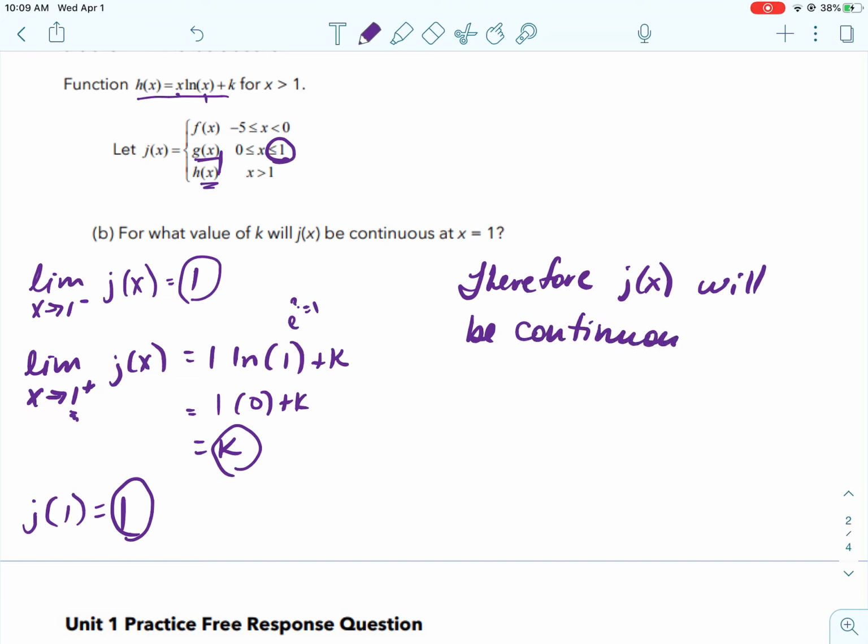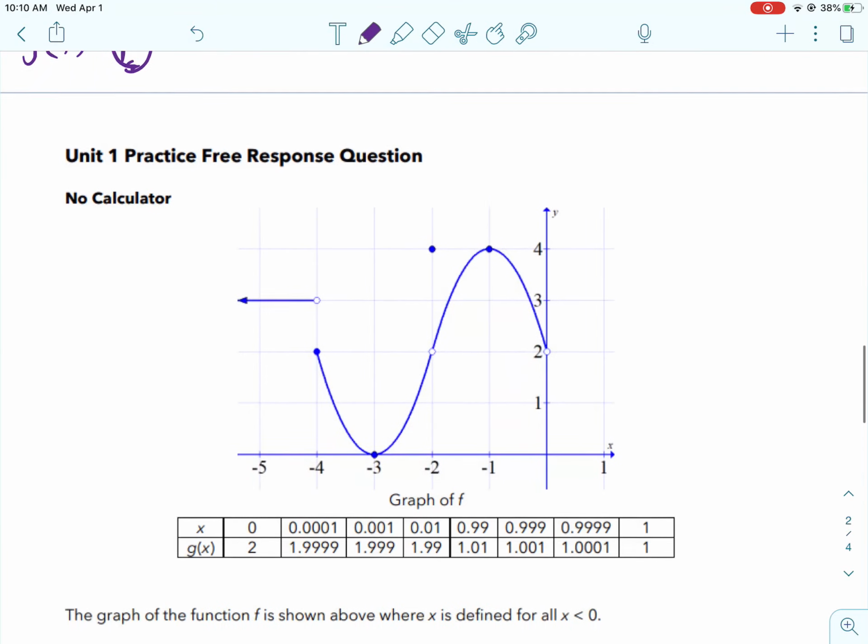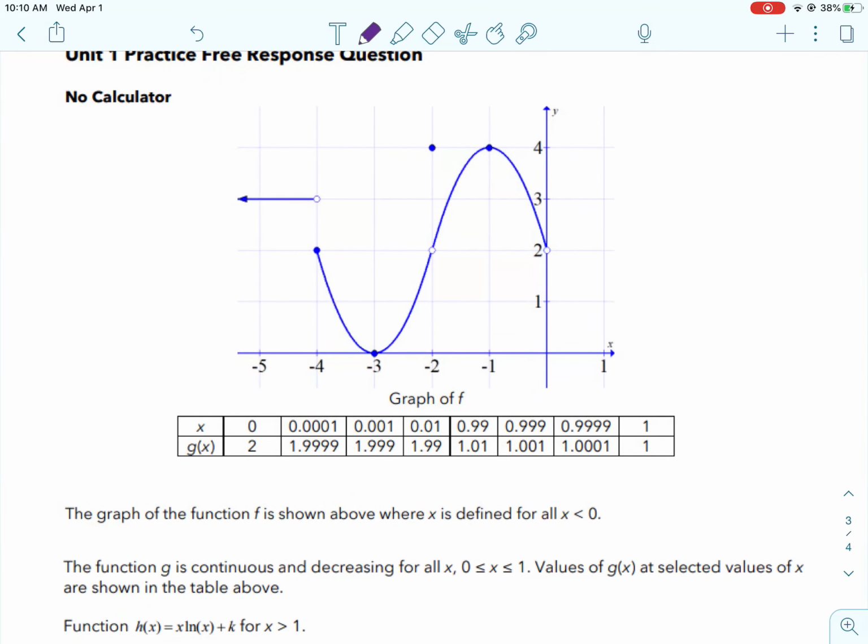So j of x will be continuous at x equals 1 when k is 1, because we want all three of those things to be equal.